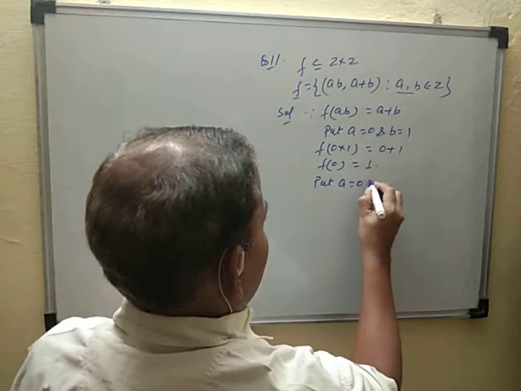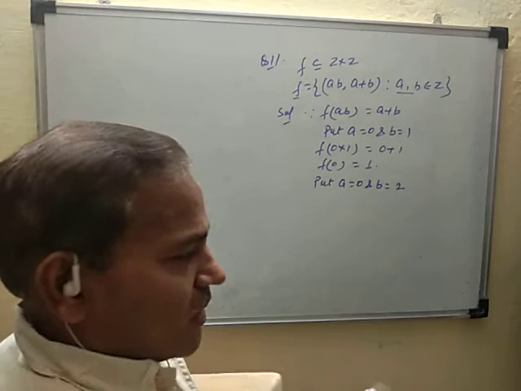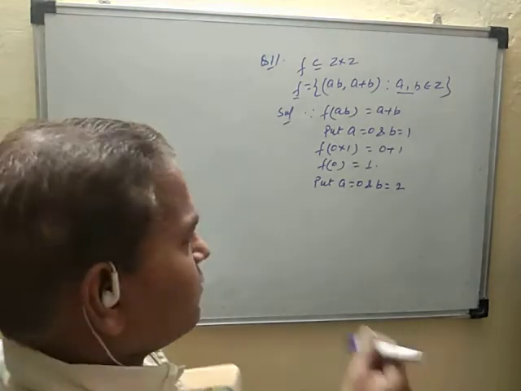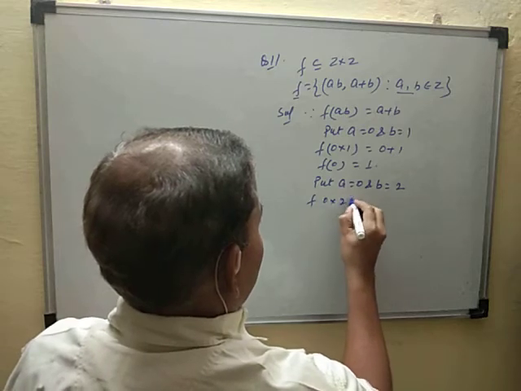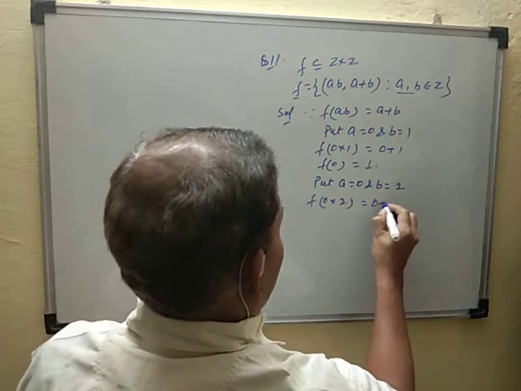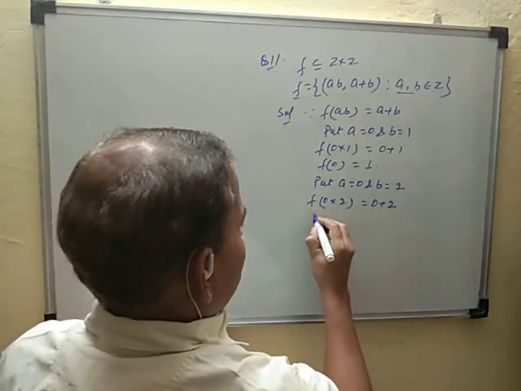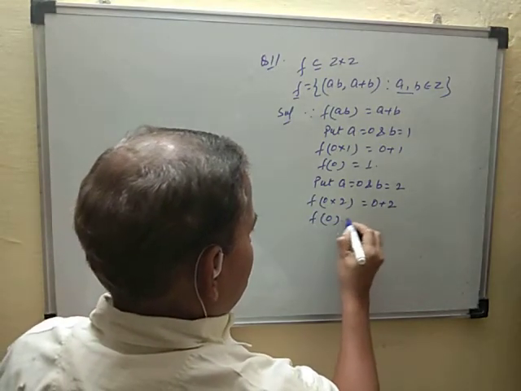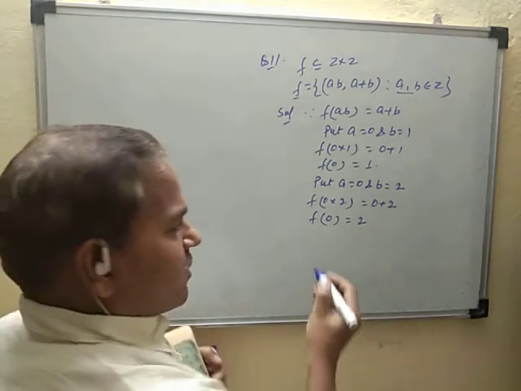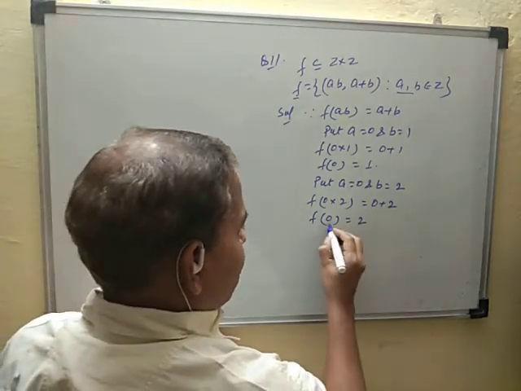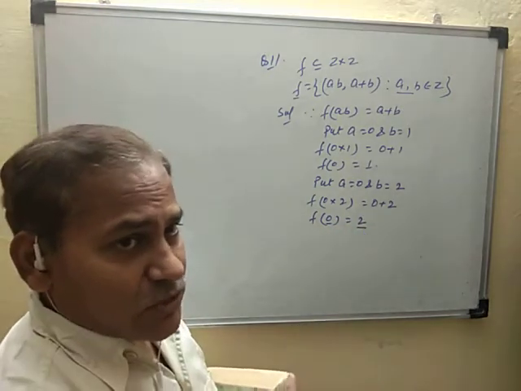Now put a equal to 0 and b equal to 2. So f of 0 into 2 is equal to 0 plus 2. That is f of 0, and 0 plus 2 is equal to f of 2. So 2 is also an image of 0.